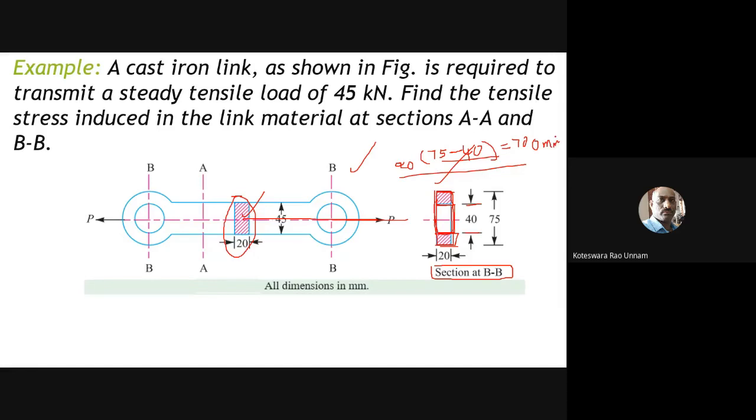The load remains the same, P, on this section also. Only the magnitude of stress is going to change. I'll call this sigma B, the stress at section BB, where again the load is 40 into 10 cube.